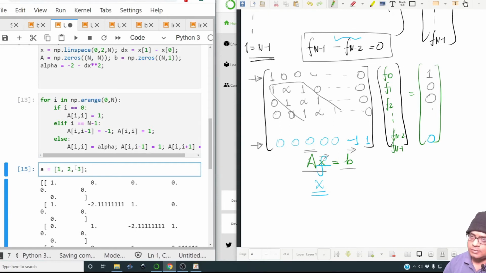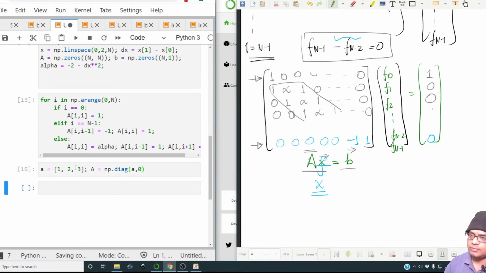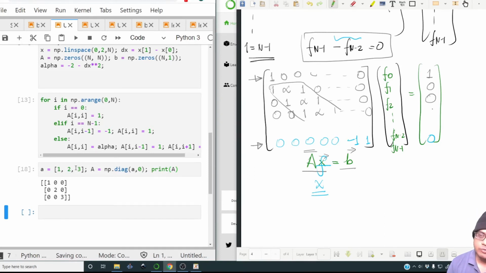Then a equal to np.diag(a, 0). Let me show what a is. It will take a vector and push all the vector elements to the diagonal elements. So I have to pass a vector which has the same size as the length of the square matrix. Alright, so over here it is 3 and so on.